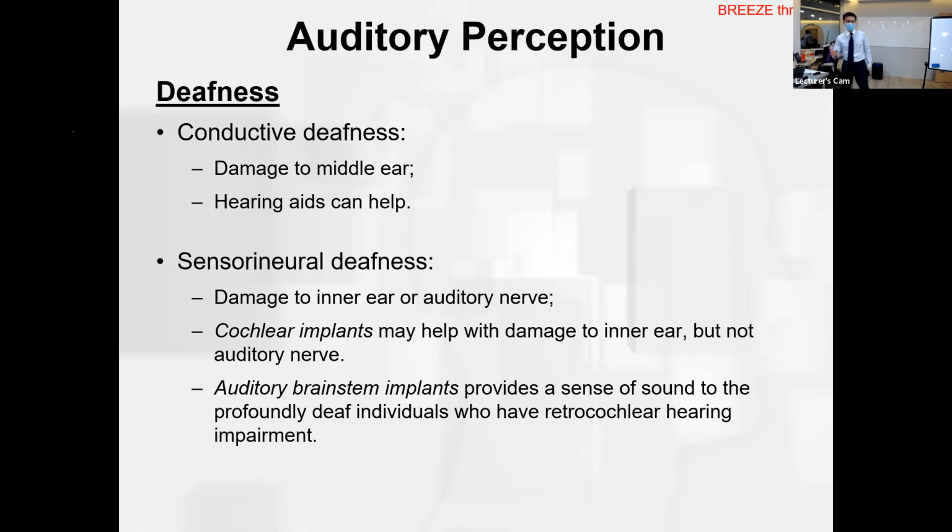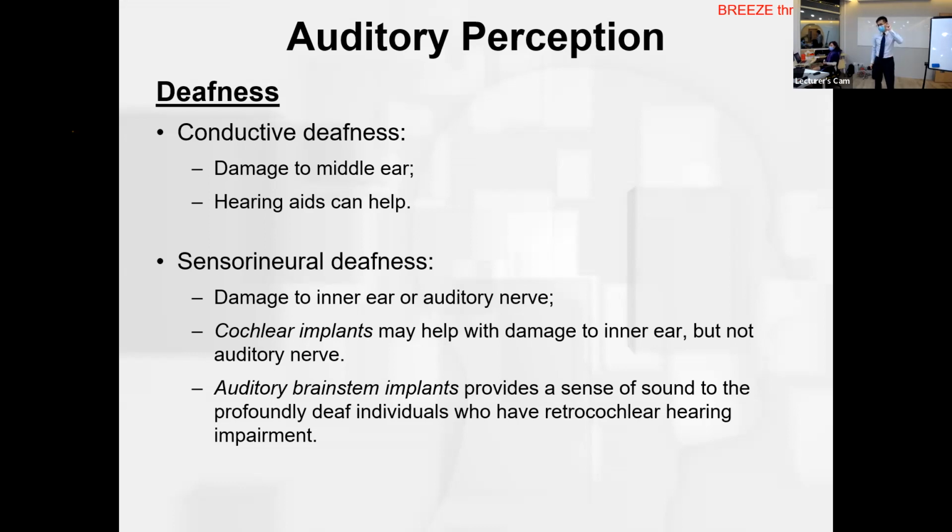We can actually implant a microchip underneath the skin, usually in the shoulder. This is connected to a microphone. And then from the microchip, another wire is inserted directly into the auditory nerve, so that it will send electrical impulses.